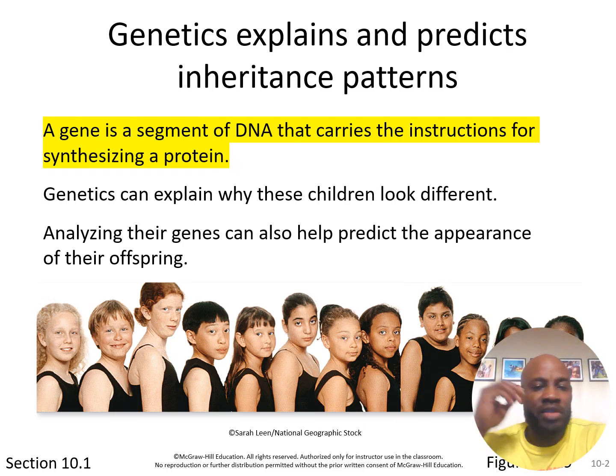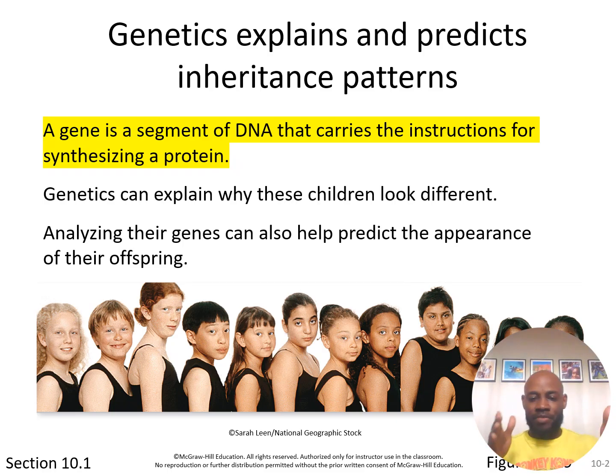A gene is a segment of DNA, as we talked about. You have quite a bit of information in DNA, but a gene is a segment of that DNA that carries the instructions for synthesizing a specific protein. Those proteins could make different things: skin color, size, shapes, different parts of the body.